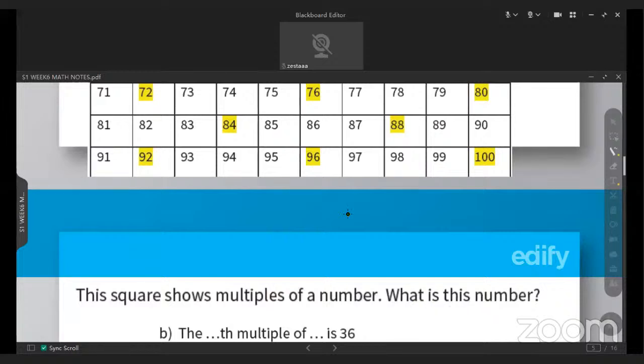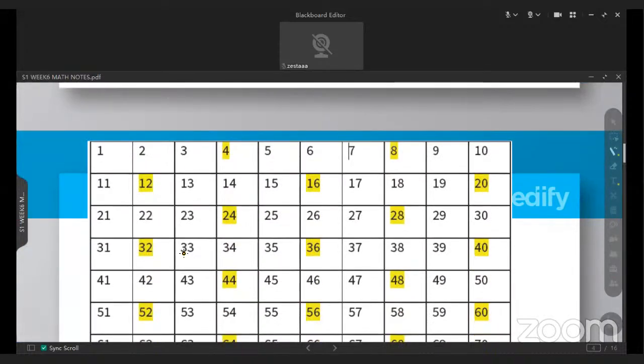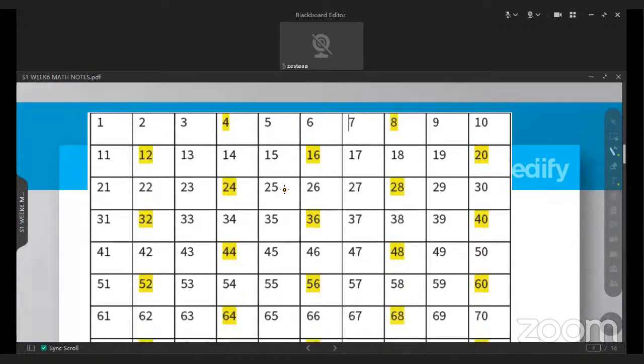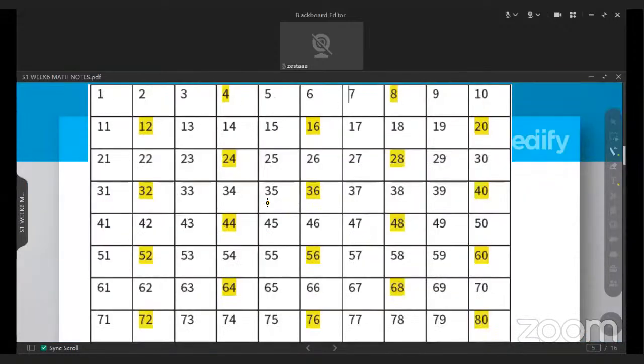Now, let's look at our question here. The squares show multiples of a number. What is this number? The squares are these ones in yellow. See these ones in yellow? We are saying they are multiples of a number.